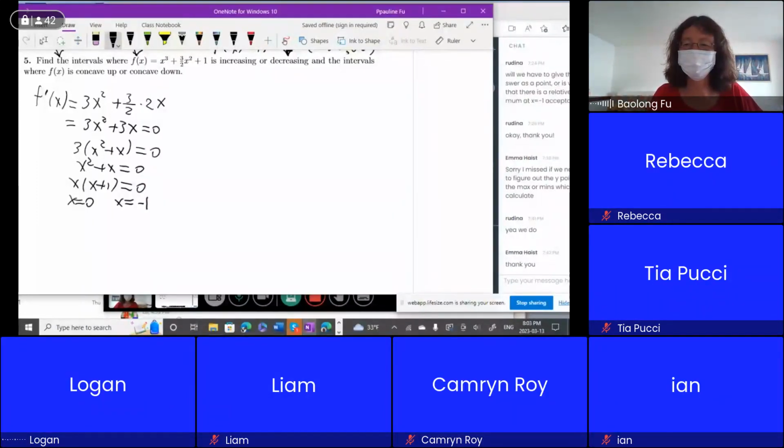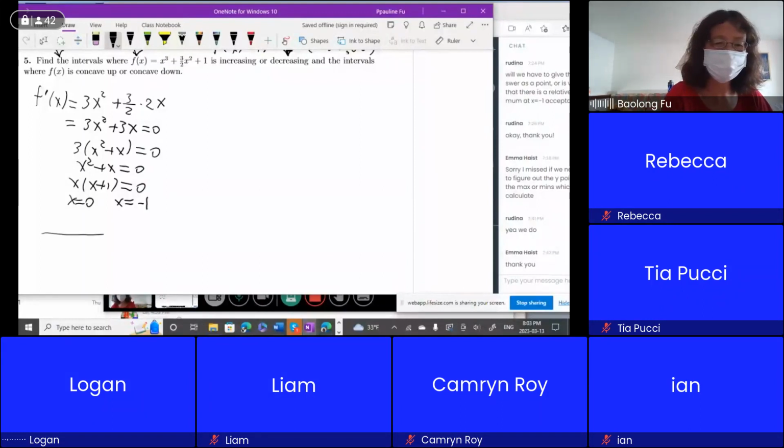Any questions so far? Once you get these 2 points, they divide the real number line into 3 intervals: -1 and 0 split it into 3 parts.